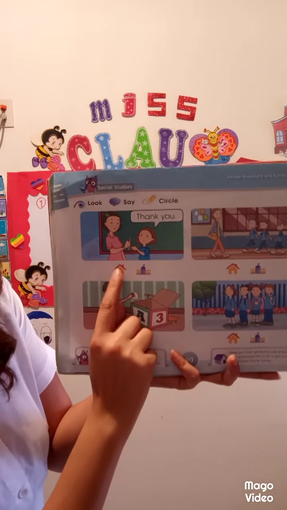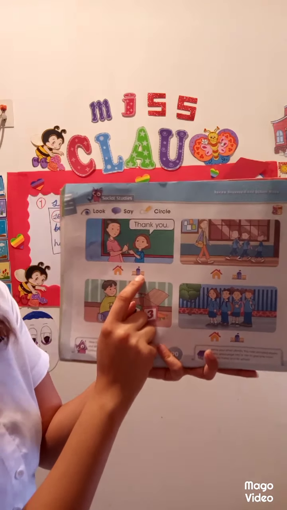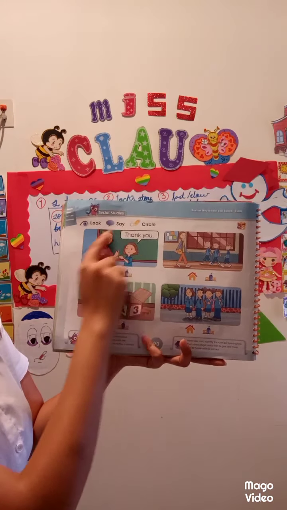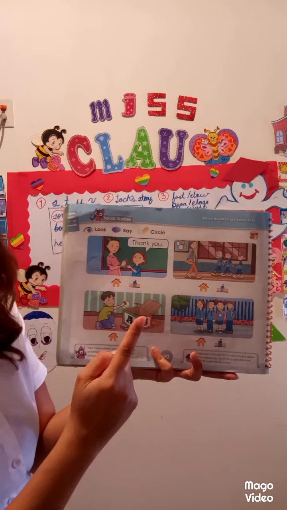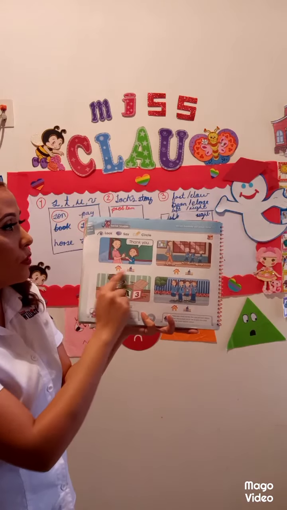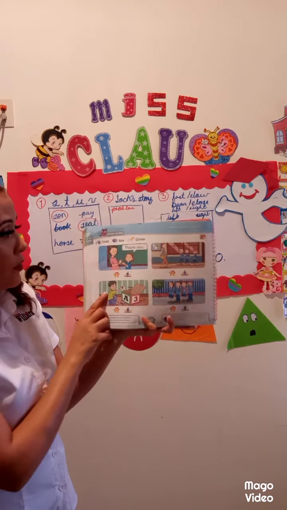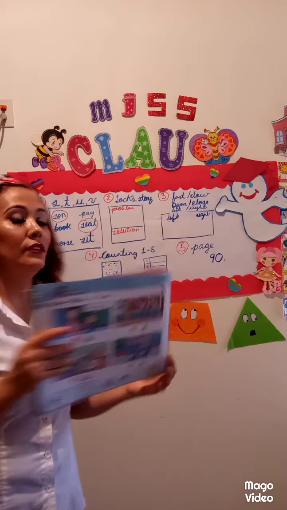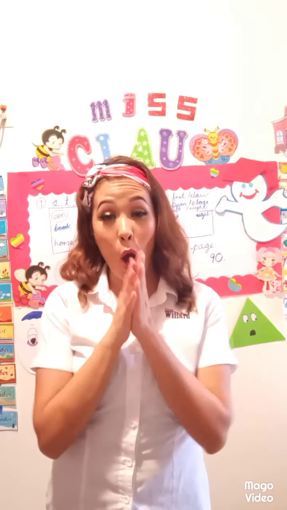Mommy and Daddy, please help your children. Then, if you look here, you have a house item and a school item. So they have to identify this rule and circle where it belongs, okay? And that's it for this week.